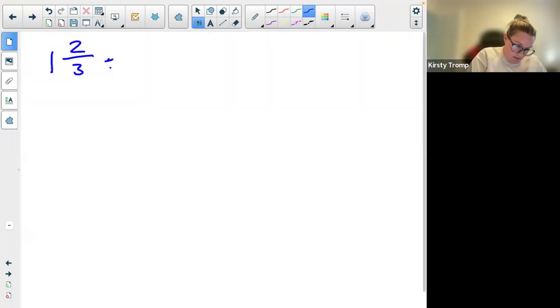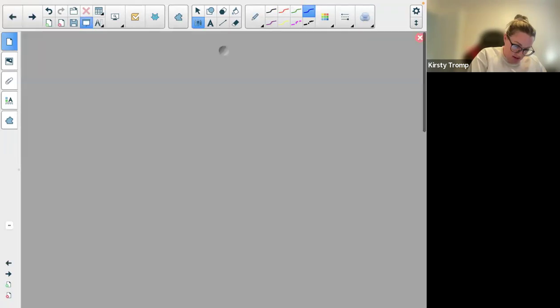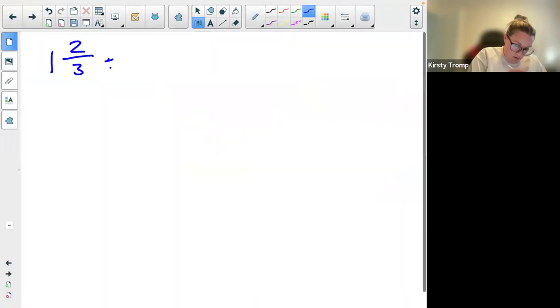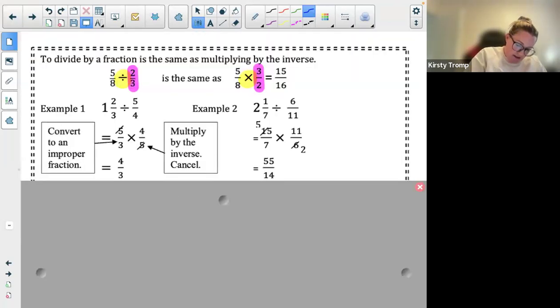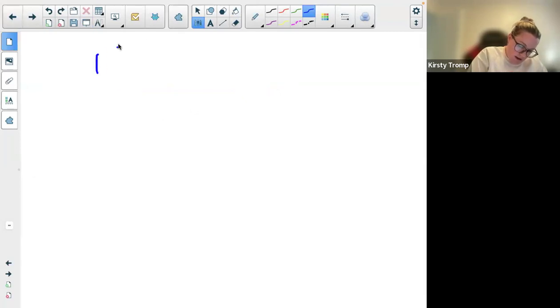Oh dear, where did our page go to now? Uh-oh, we lost the whole page. Apologies, guys. We were dividing, there we go, dividing by 5/4. So 1 and 2/3 dividing by 5/4.